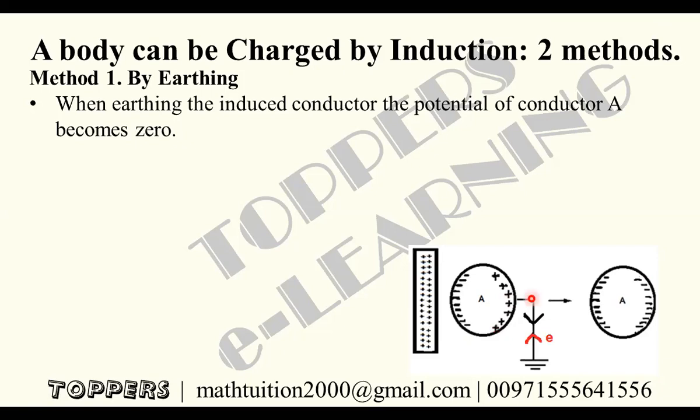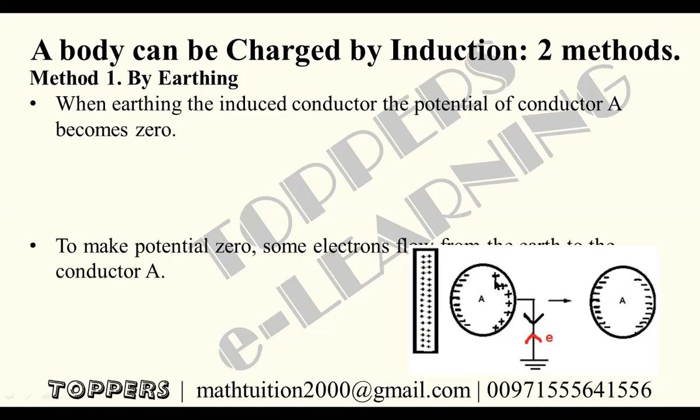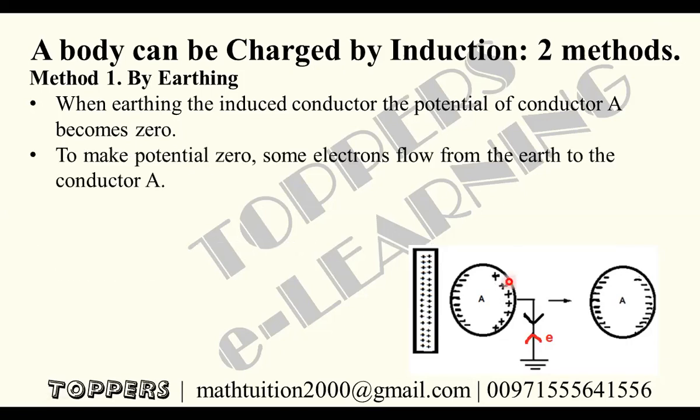Now we are connecting this end with earth. It means we are grounding or earthing. These three lines we have learned before. It's the symbol of earthing. So what happened? This area has a deficiency of electrons.